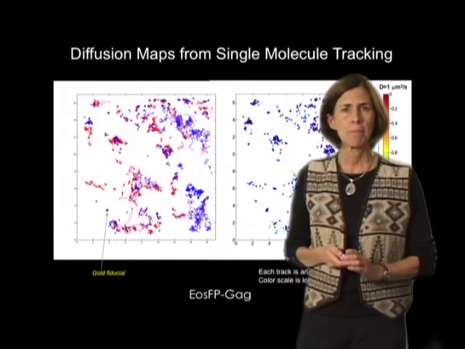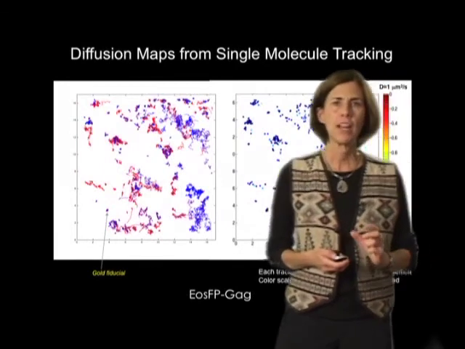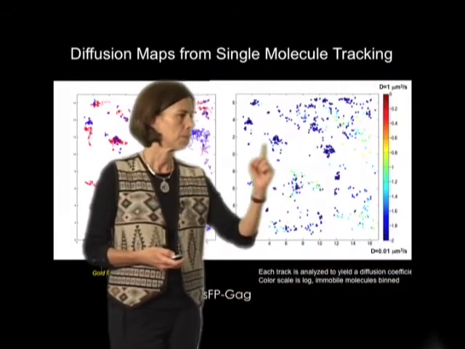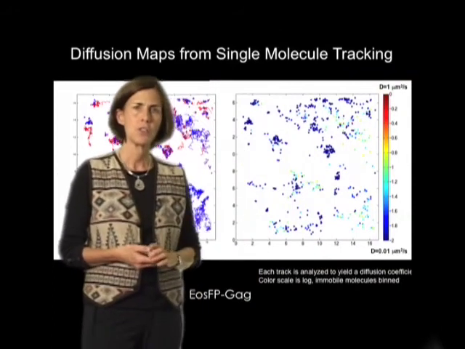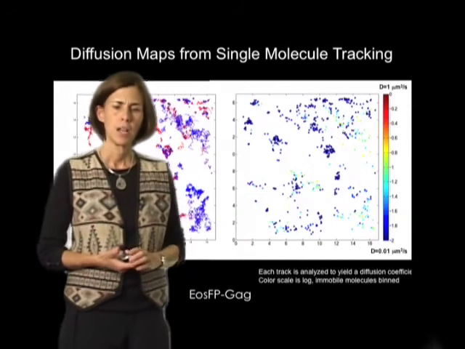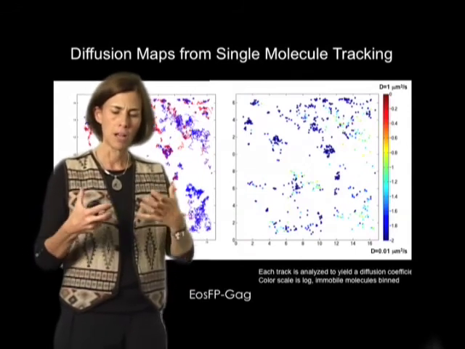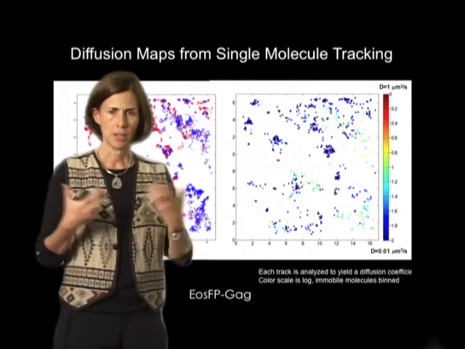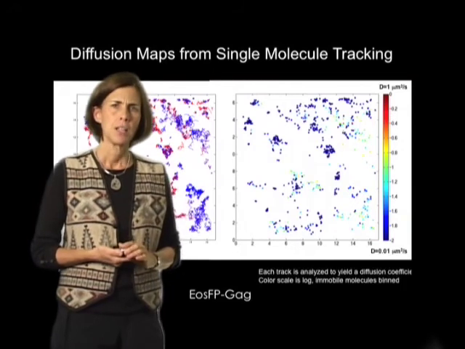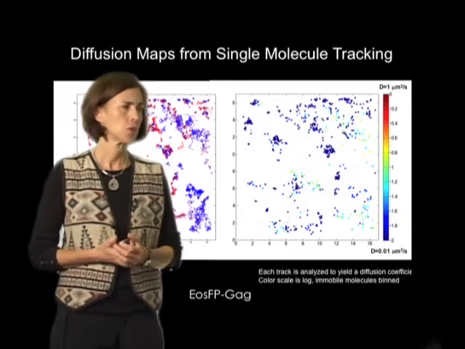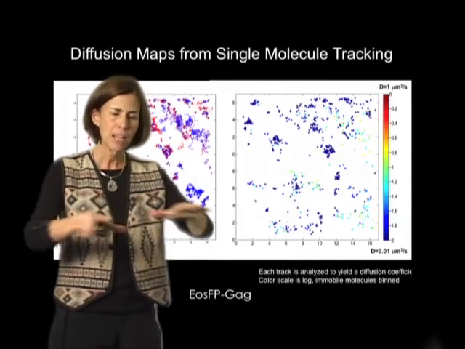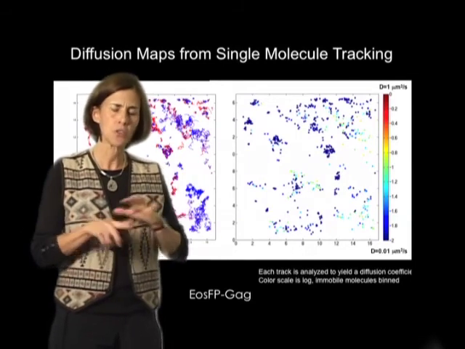Now, as a comparison, this is the HIV gag protein, which has been mapped. The HIV gag protein is a key component of the HIV virus that is responsible for AIDS. And when you express a photoactivatable form of the HIV gag protein that forms the coat of this virus, you can then map its behavior on the cell surface.